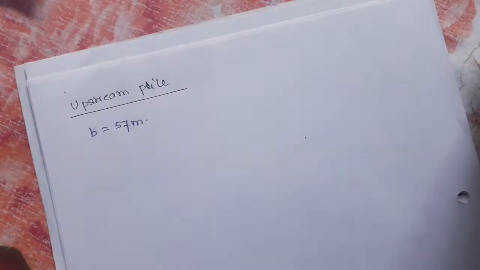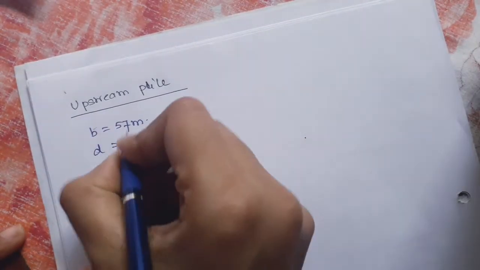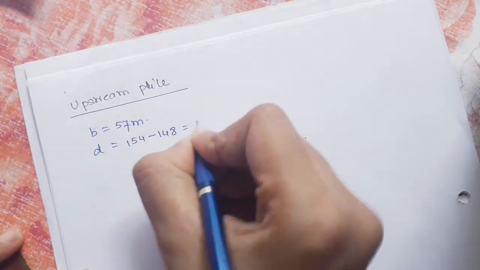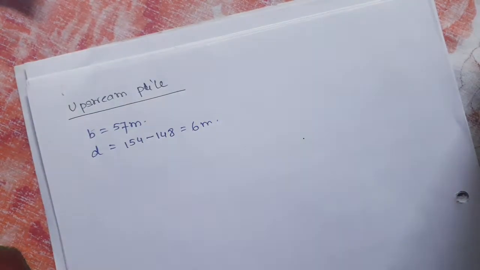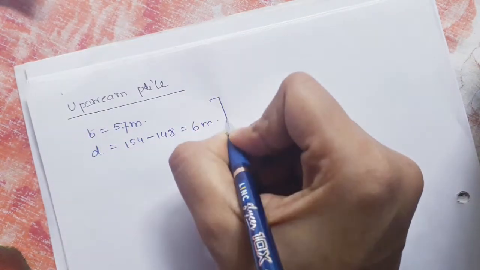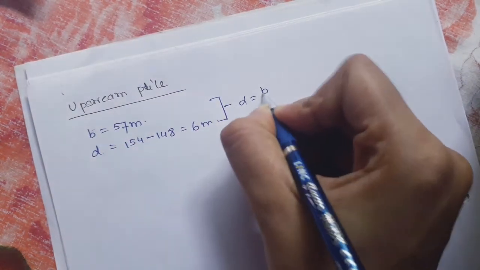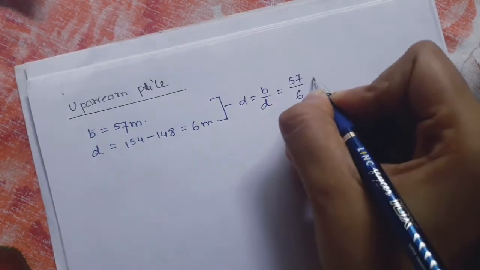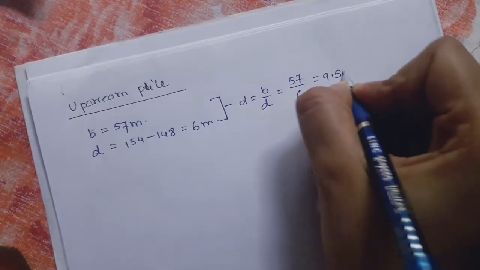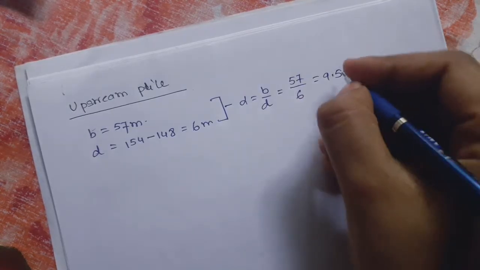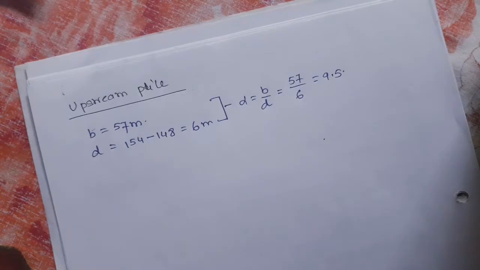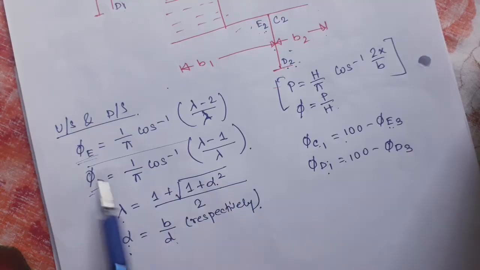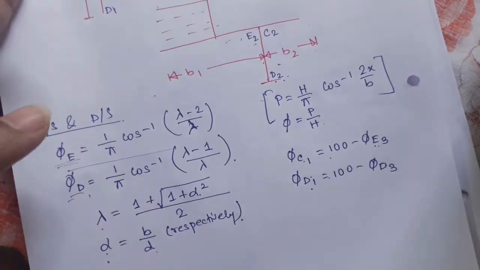So D will be 154 minus 148, which is 6 meter. Similarly we can get alpha, B by D, which is 57 divided by 6, which is 9.5. Sorry, this will be unitless, 9.5.